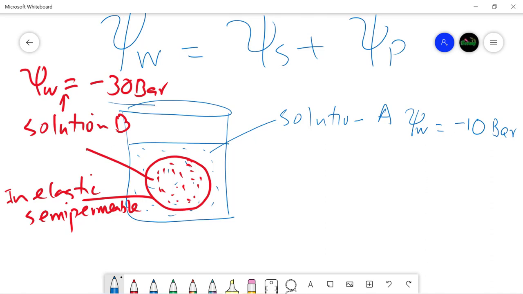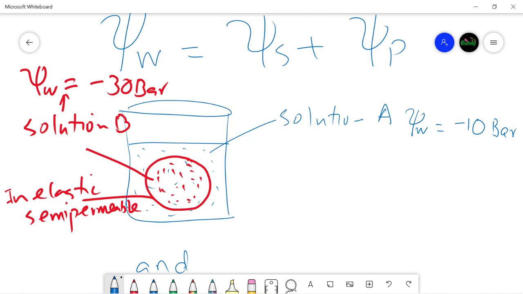This is before the start of the experiment, that is when these solutions were prepared, and now we are going to start the experiment. If we quickly take a look at the equation, psi W, water potential, is equal to solute potential plus pressure potential, psi P. Now psi P is absent in this case because we do not see any pressure in either of these two solutions, and we are going to talk about this pressure momentarily.